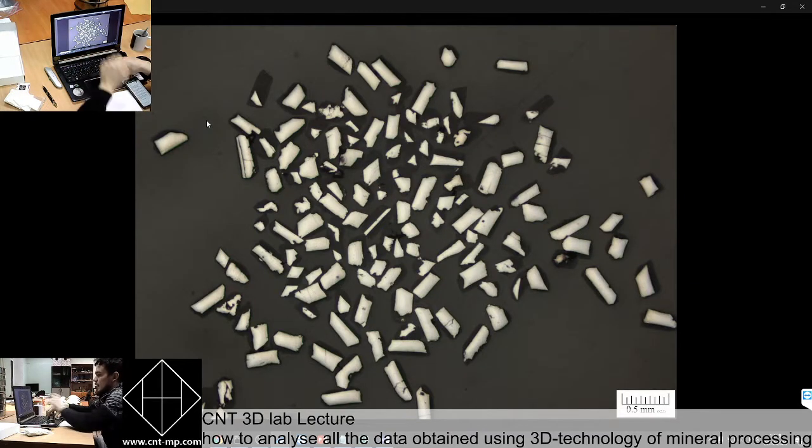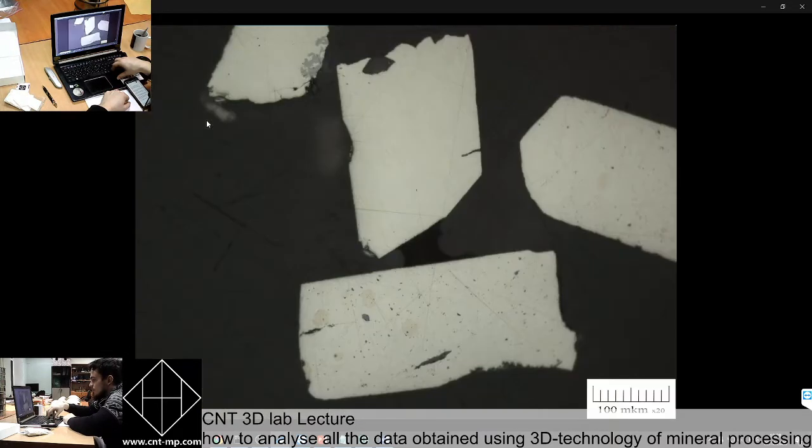Mostly we can see arsenopyrite and stibnite. This is from reflected light microscopy photos, and we can see the arsenopyrite with pyrite inclusions in it.